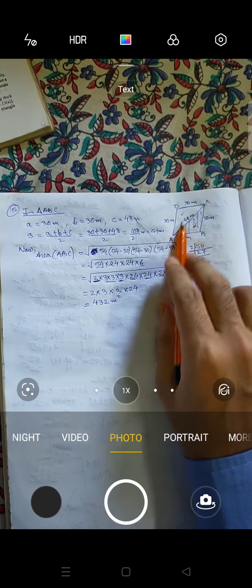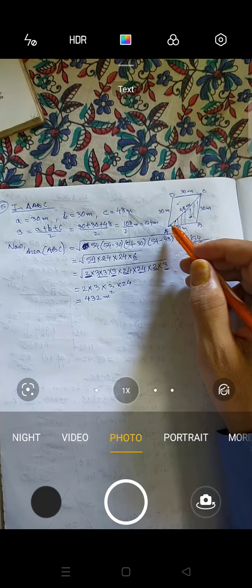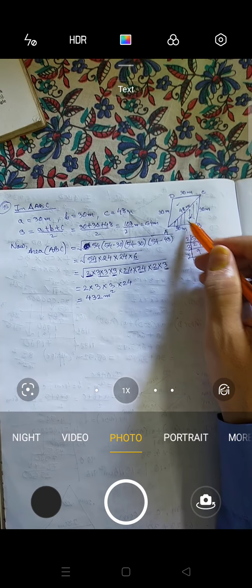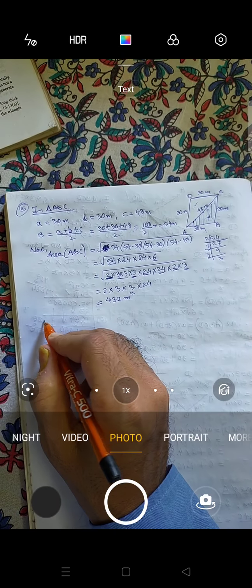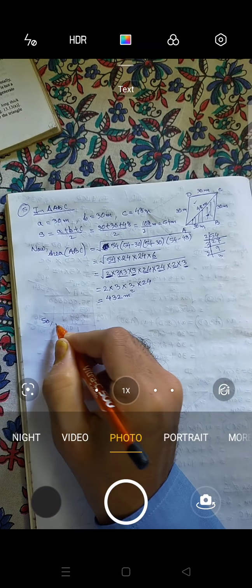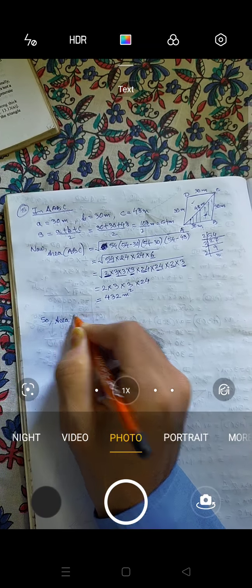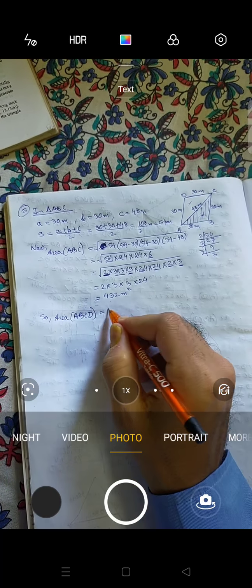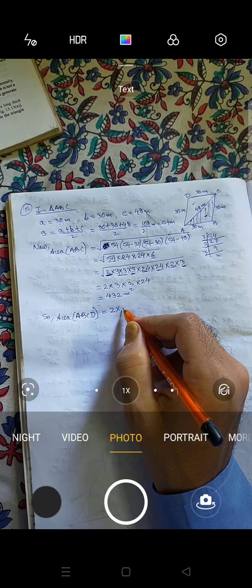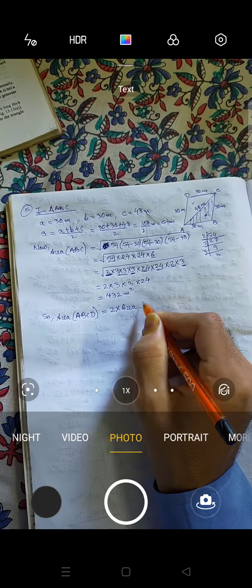The rhombus is full. We already know that the diagonals of a rhombus divide the rhombus into two equal areas. So we'll say that area of rhombus ABCD equals 2 into area of triangle ABC.